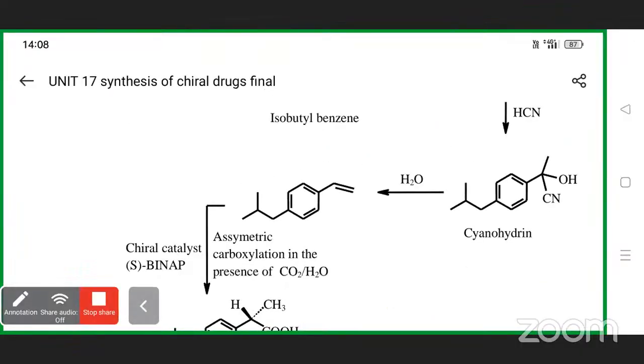In the previous case, a different reaction, we were doing the reduction. In the classical approach, we do the reduction after the addition reaction with hydrogen cyanide, with hydrogen iodide and red phosphorus. But here we are doing the hydrolysis.